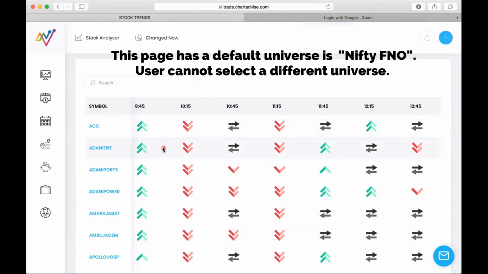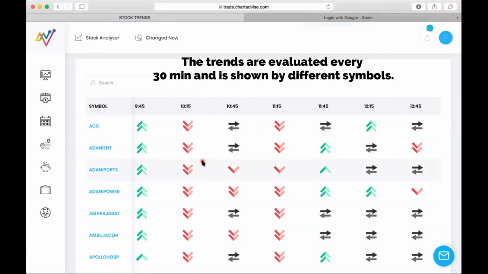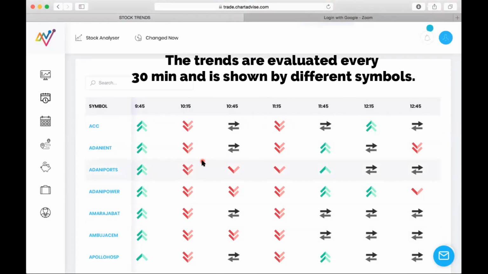If the stock has been moving up, you will see green arrows. If the stock is moving down, you will see red arrows. If the stock has done nothing in the trend period, you will see black sideways arrows.